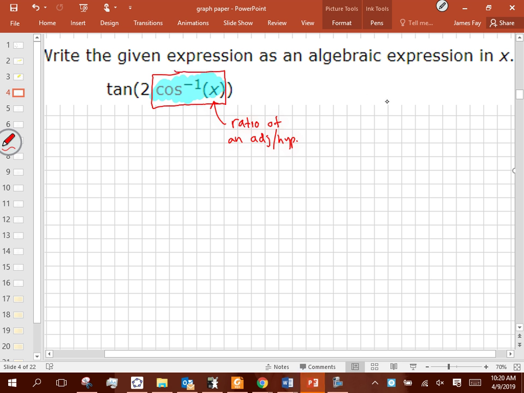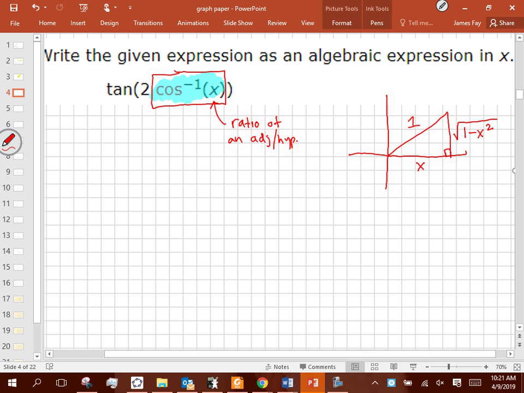So with composite functions, we've got to figure out what that output is. Okay. Well, if I draw a picture of what is going on here when we say cosine inverse of x, that means that the adjacent side is x and the hypotenuse is 1. This is a ratio x over 1, right? That then produces, through the Pythagorean theorem, this side here to be the square root of 1 minus x squared.